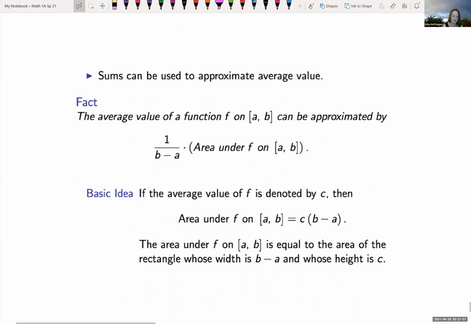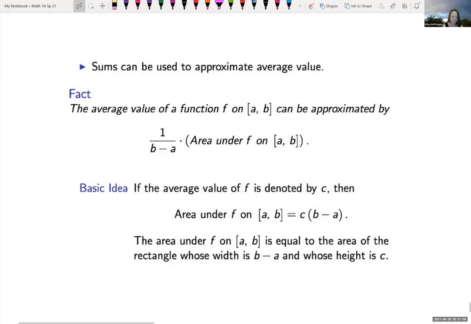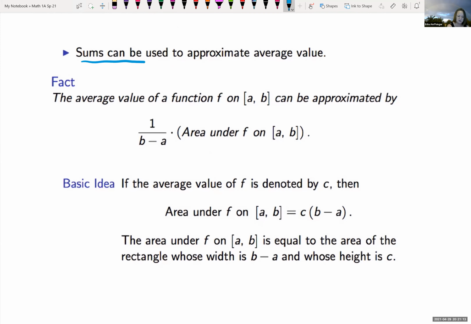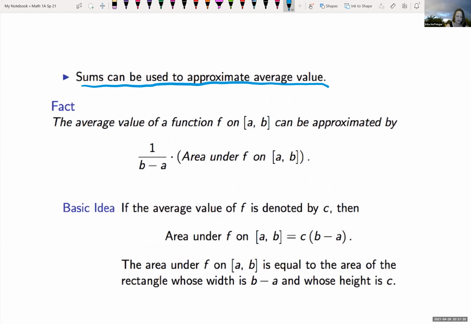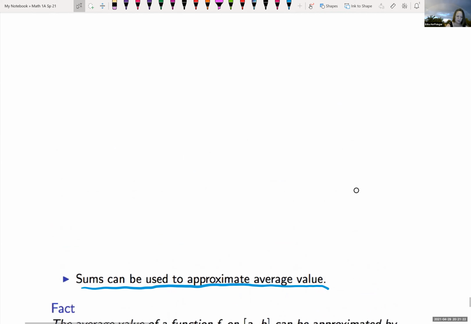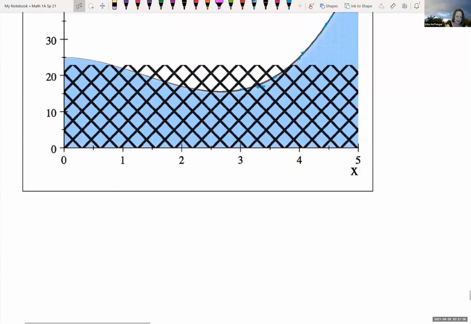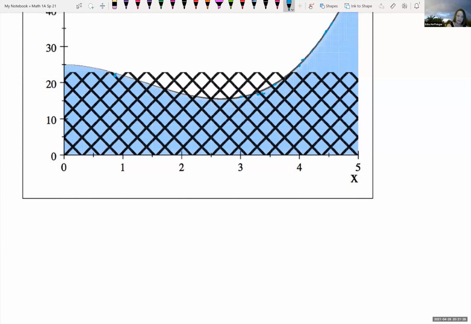So let's just talk about some things about the average value. Sums can be used to approximate average value. So we could have gone back over here and done what we were doing before, by making rectangles and summing the rectangles to get an average value.